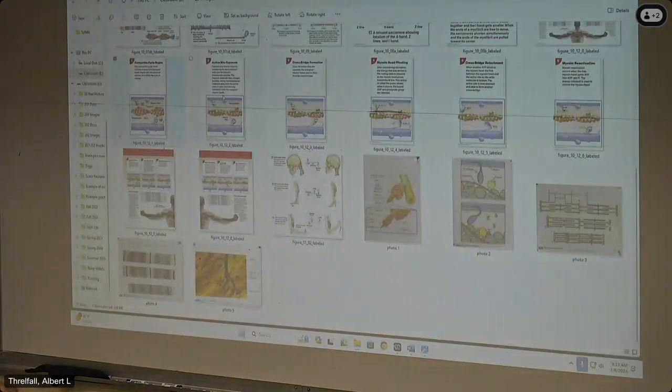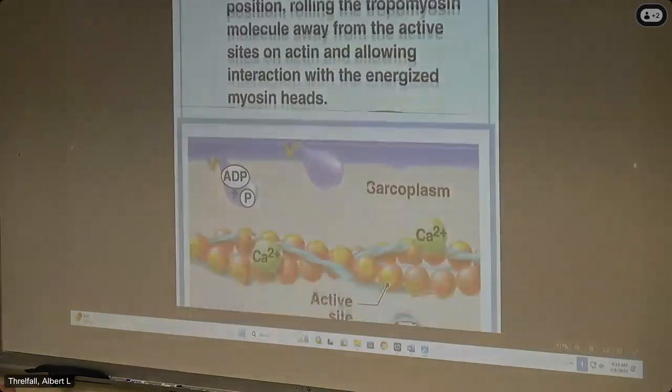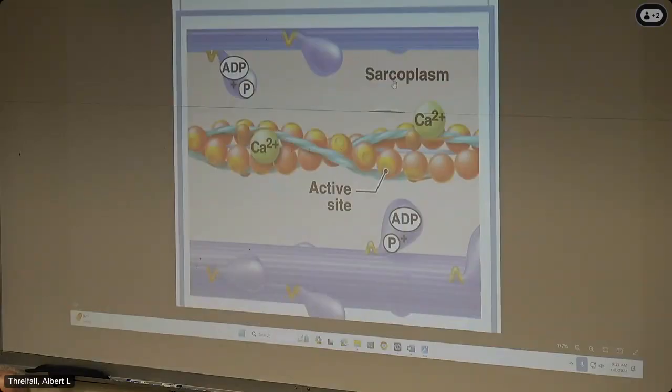Now, in picture number 2, we see that calcium has attached to troponin. And as soon as calcium attaches to troponin, that pulls tropomyosin out of the way.